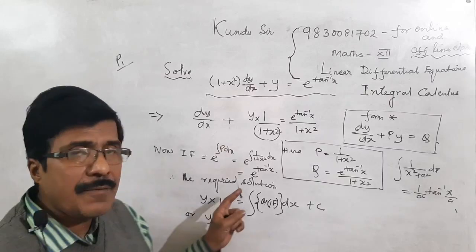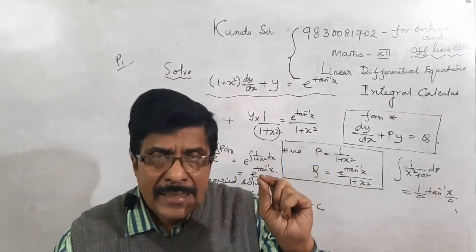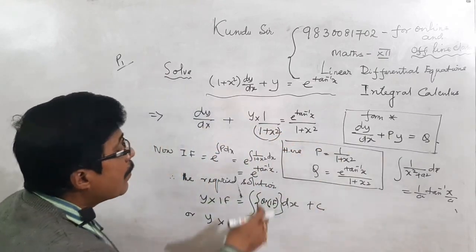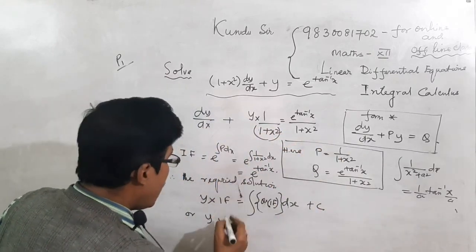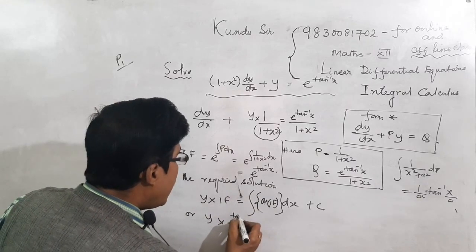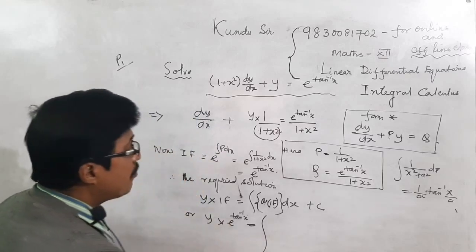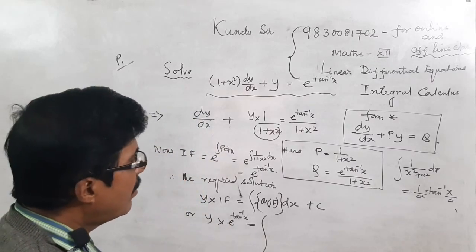What is the integrating factor here? e to the power tan inverse x. We have done here, y into e to the power tan inverse x equals integration. What is Q here?